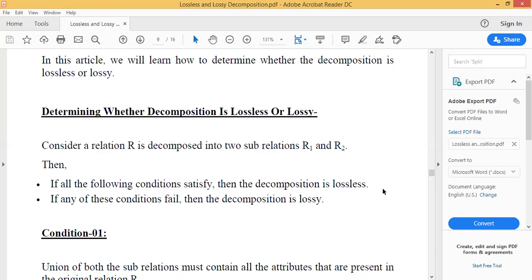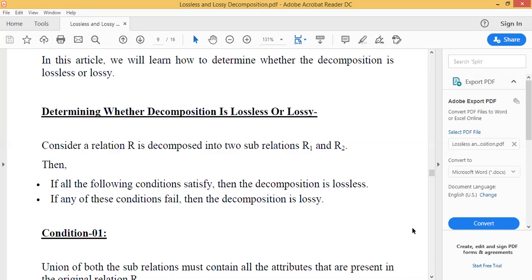Suppose consider a relation R decomposed into two subrelations R1 and R2. Then if all the following conditions are satisfied, the decomposition is lossless. If any of these conditions fails, then the decomposition is lossy.